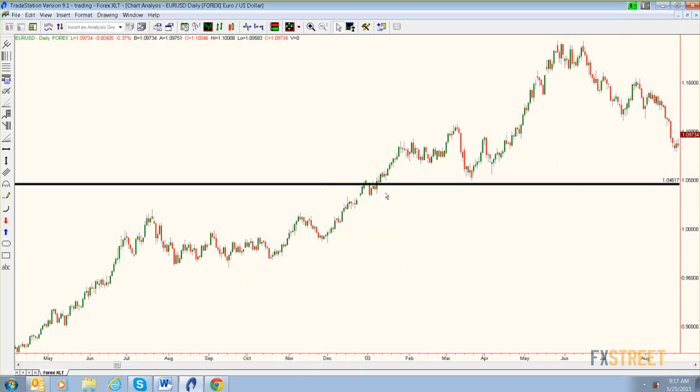So this is where prices turn. Now, when we look just below, we do have a couple of levels sitting just below. Okay, let's put those in.